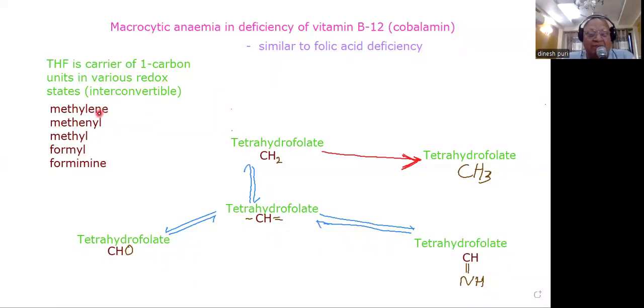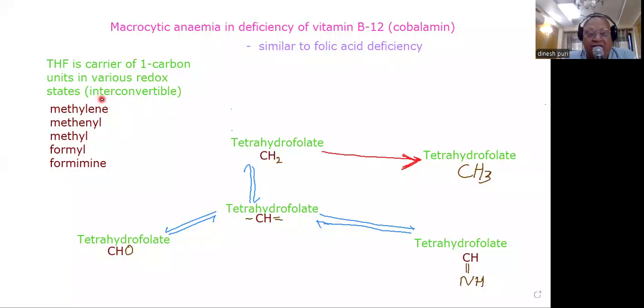For example, it can be methylene, methenyl, methyl, formimino, or formyl. So tetrahydrofolate, as we had discussed, is a carrier in various redox states.